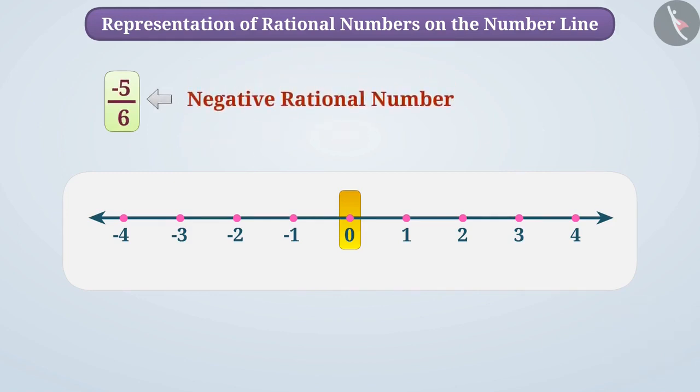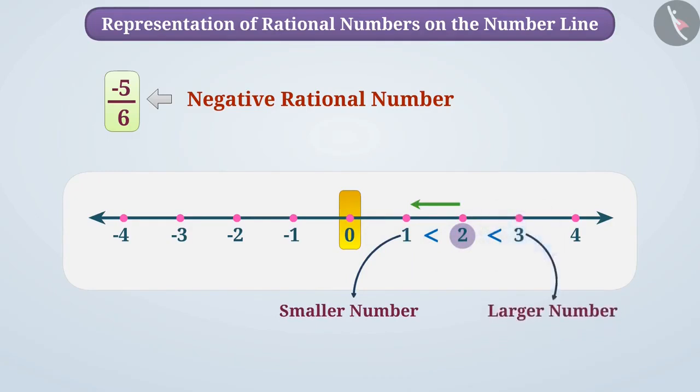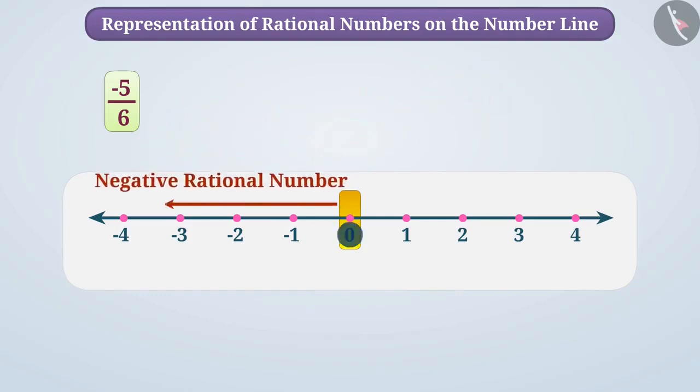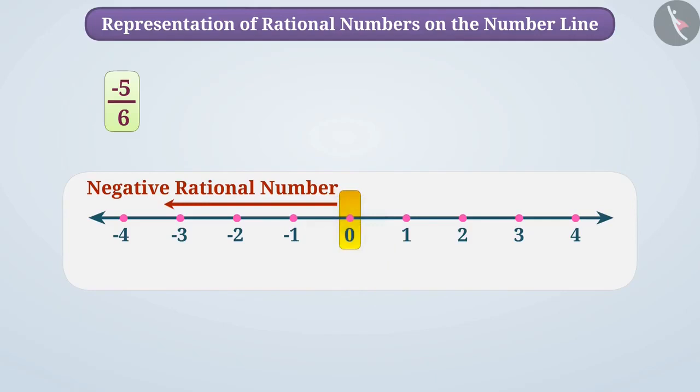We know that on a number line, a smaller number is represented on its left side and a larger number on its right. Since the values of all negative rational numbers are less than 0, their positions are to the left of 0. Therefore, the position of -5 by 6 will also be on the left of 0.